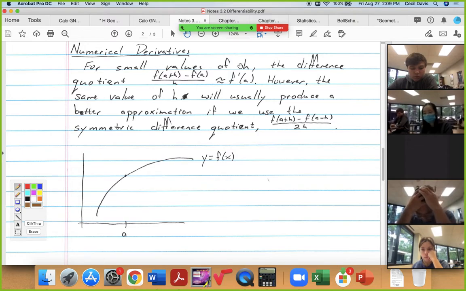So for small values of h, the difference quotient, f of a plus h minus f of a over h, gives me an approximation for f prime at a. However, for the same value of h, we will usually get a better approximation if we use the symmetric difference quotient, f of a plus h minus f of a minus h, all over 2h.